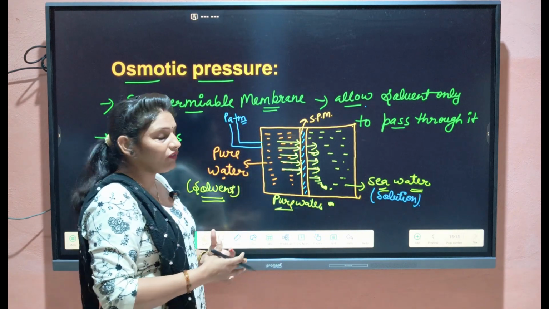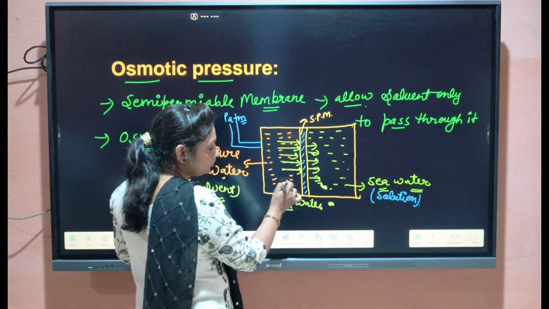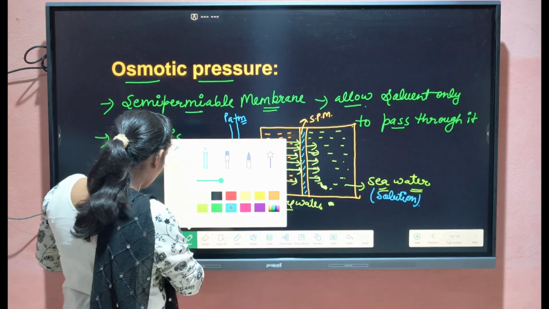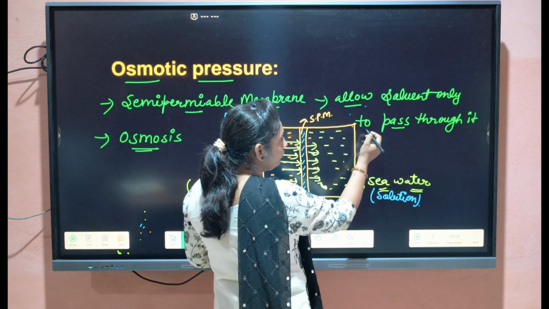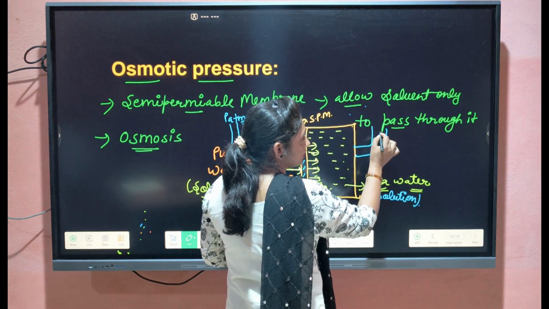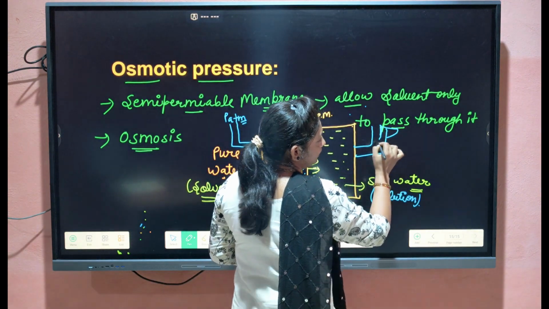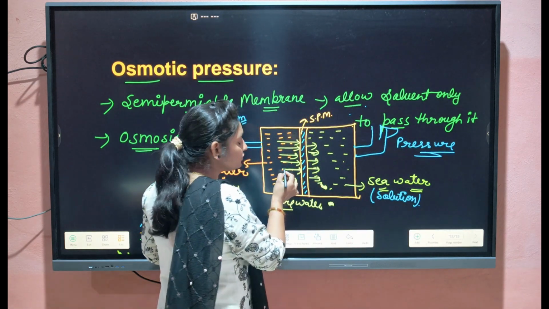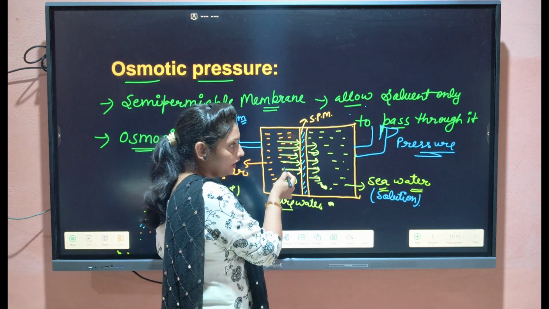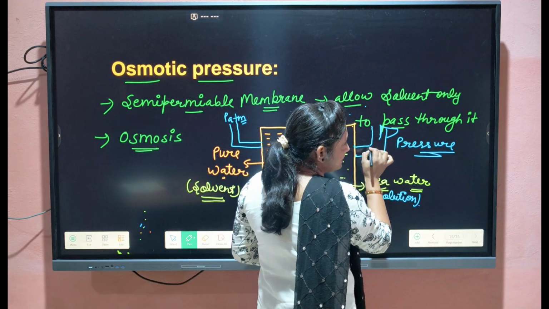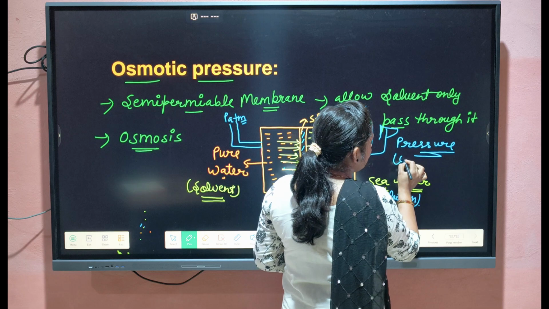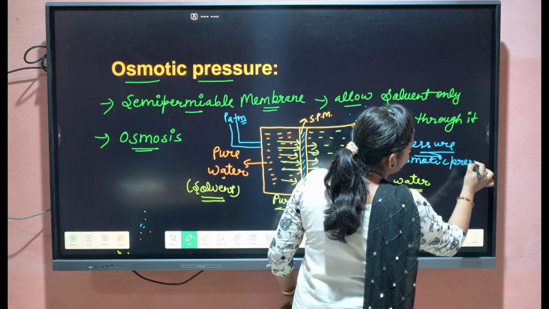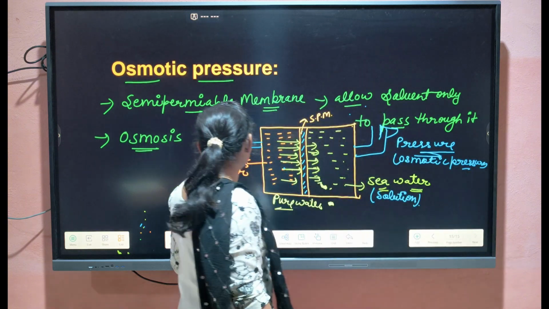So students, what will we do? We have to stop it. So we will apply some pressure in the opposite direction. Here we will apply some pressure for stopping this flow of the solvent. Okay. And this pressure is known as the osmotic pressure. So what do you mean by osmotic pressure?